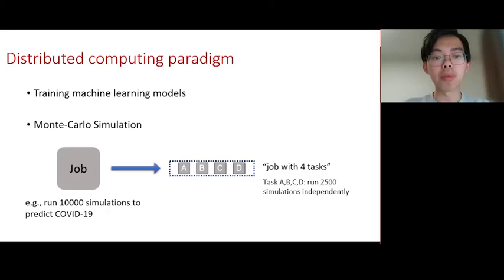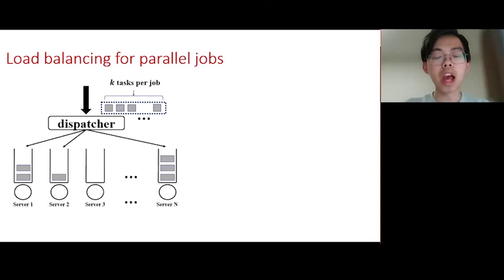Then to model such a parallel structure of jobs, we have to modify the previous load balancing model in the following way. There are still a dispatcher and many servers, but now a job arrival contains multiple subtasks that can be run in parallel. In particular, in our paper, we assume that each job consists of exactly k tasks.